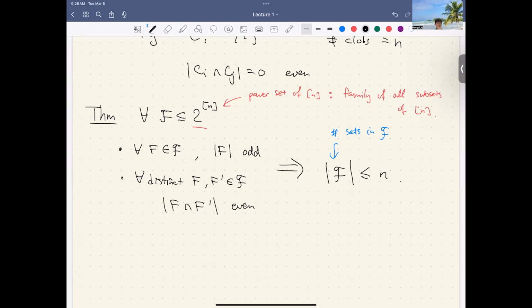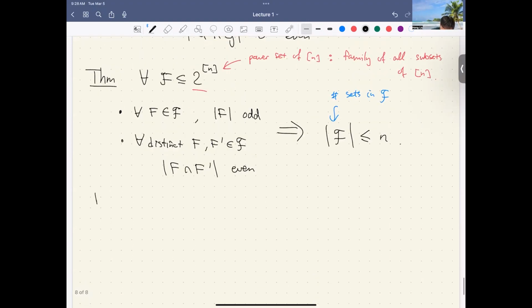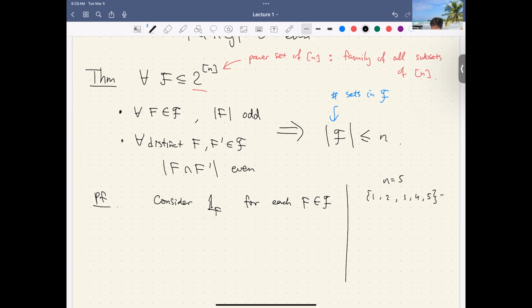Okay, so how do we prove that? A very beautiful proof. We're going to think of things in a linear algebraic way. For every set, we consider its characteristic vector. For each F in F, this just means something very simple. Here's an example, n equal to 5. You have 1, 2, 3, 4, 5. This is your whole set n.